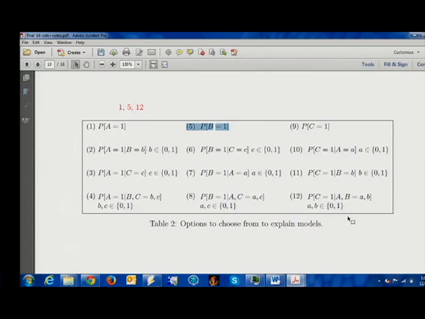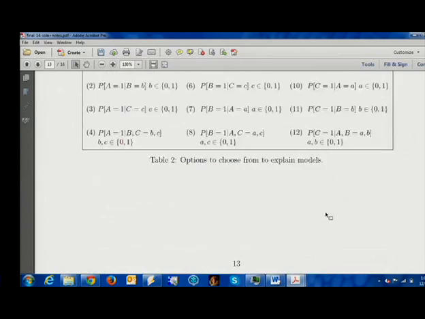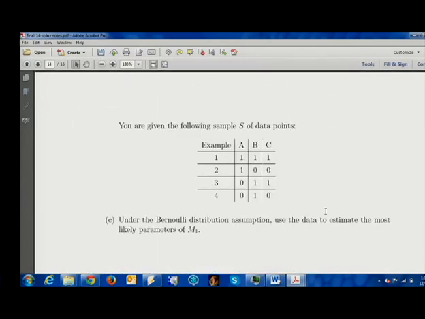P of C being 1 given the 4 values of A and B, 0 0, 0 1, 1 0, 1 1, and the 1 minus this, which is P of C being 0 given the same 4 numbers. 8 numbers, only 4 of them are independent. Okay? Now we ask you to do some estimation.